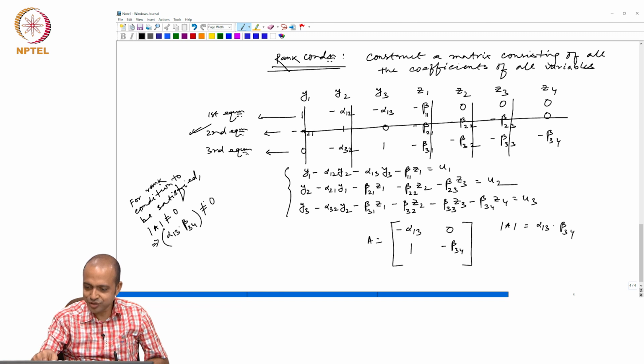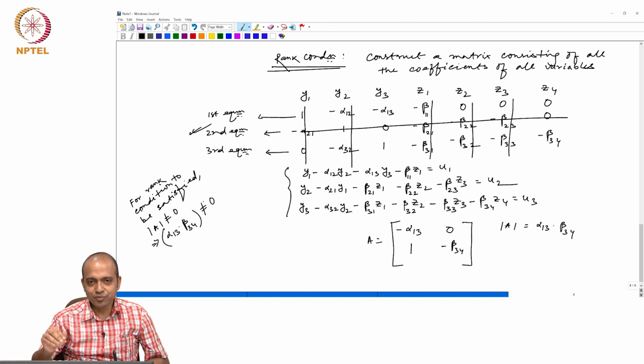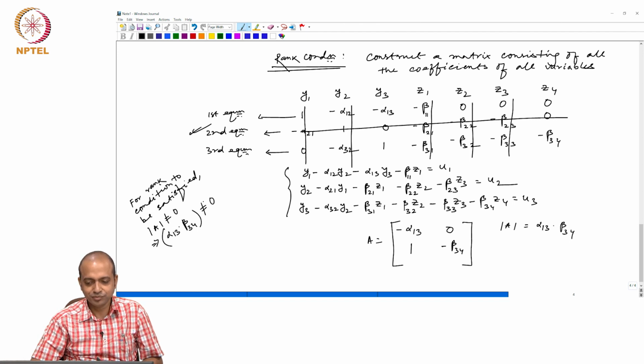This is again crossed out, Z2 is there. This is again crossed out, Z3 is there. I am not crossing out this. So these two columns I am not crossing out, just to get the variables which are not appearing in that equation. And then I am getting this matrix.